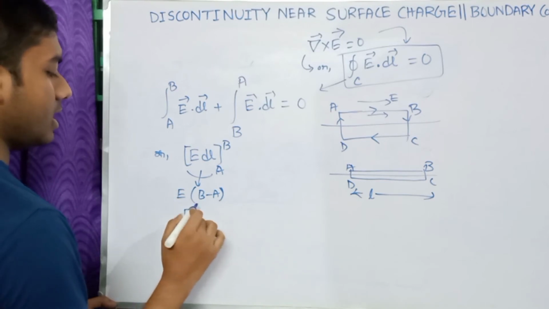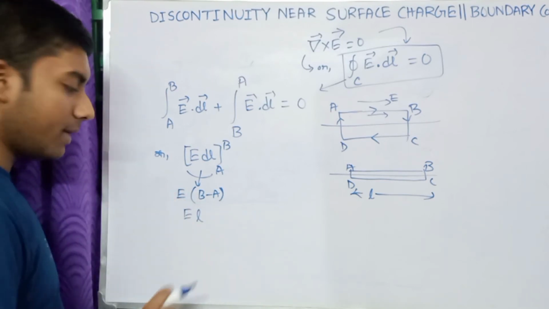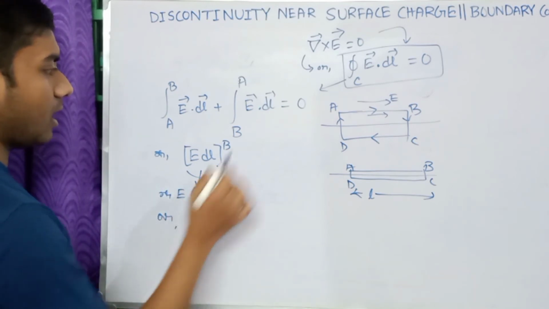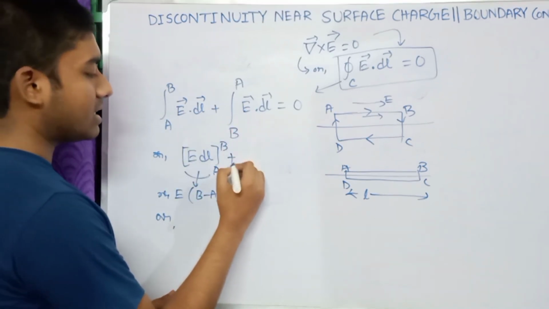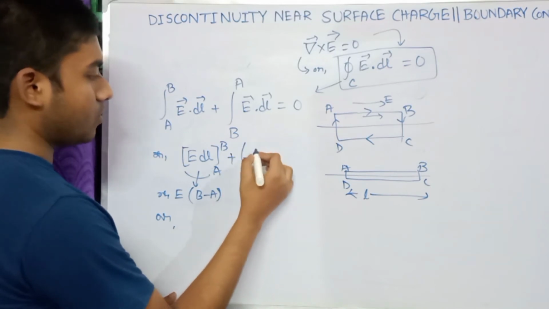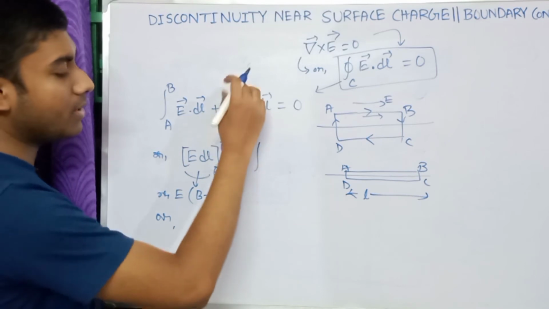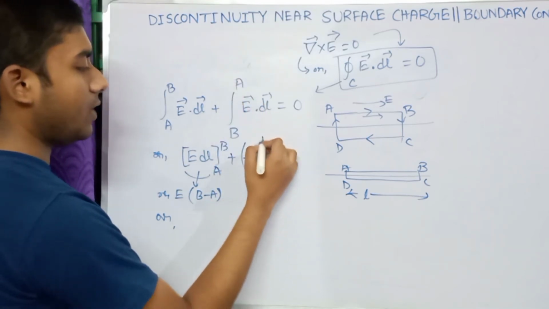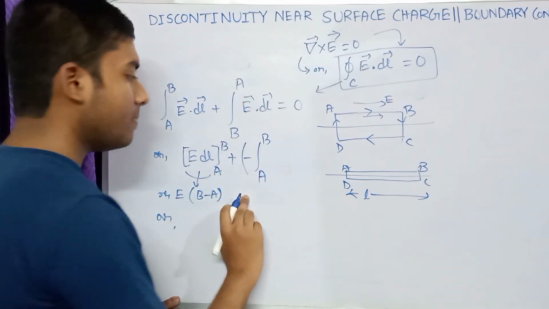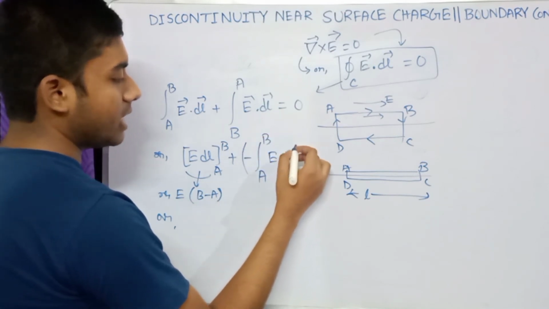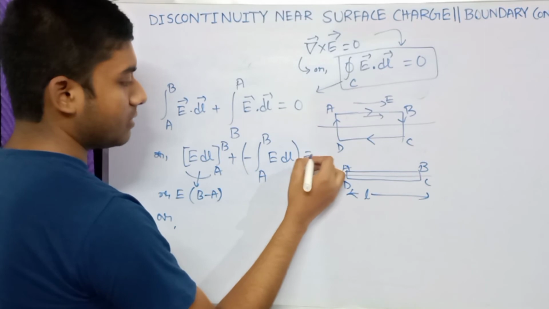So this will be E into L. And this term will be plus or minus: if we change the limit from A to B to B to A, then there will be a minus sign, into E dot dl, and E dot dl will be just E dl. So this will be equal to 0.